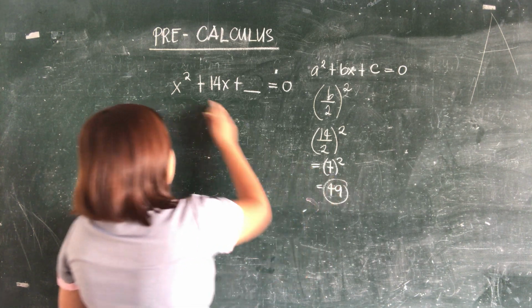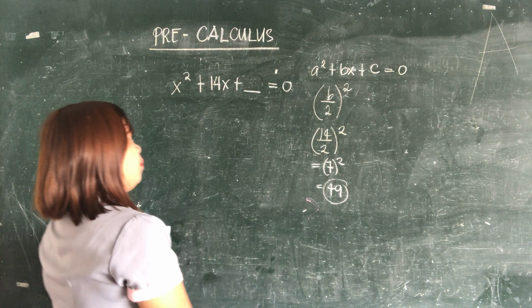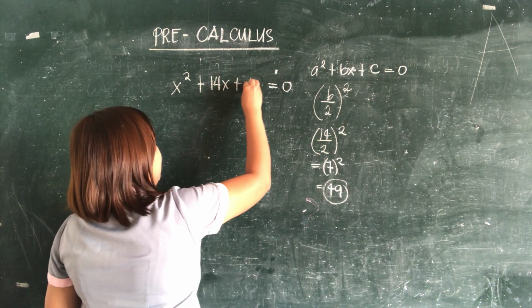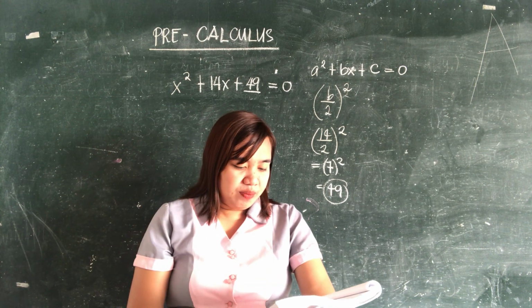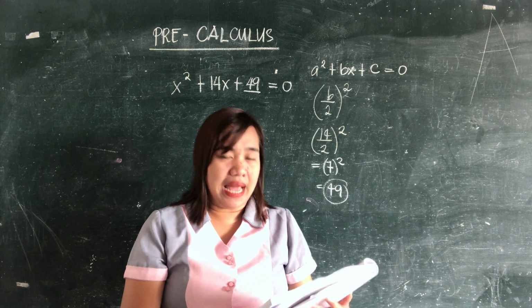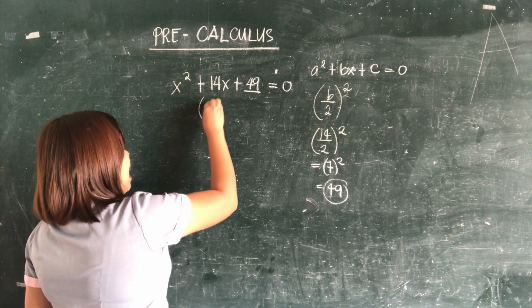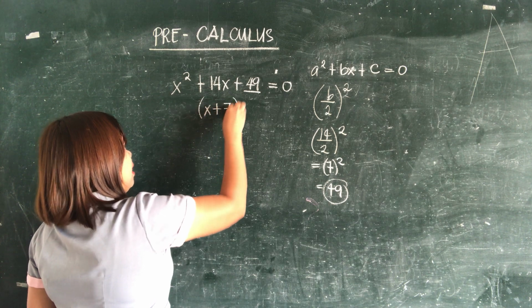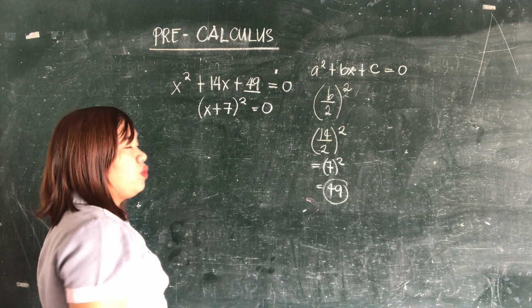Therefore, to make this polynomial a perfect polynomial square, the number that should be added will be 49. Indeed, x squared plus 14x plus 49 can also be written now as a square of binomial, x plus 7 squared equals 0, or x plus 7 quantity squared.